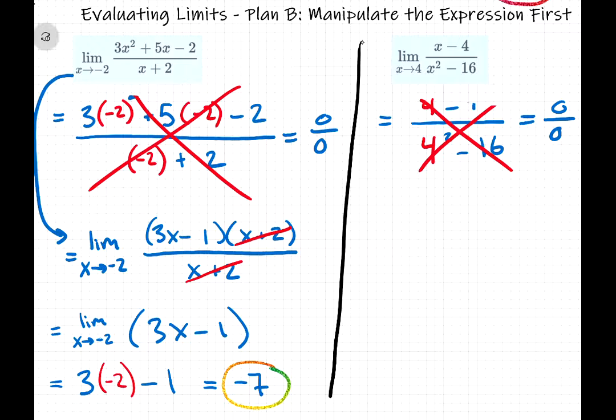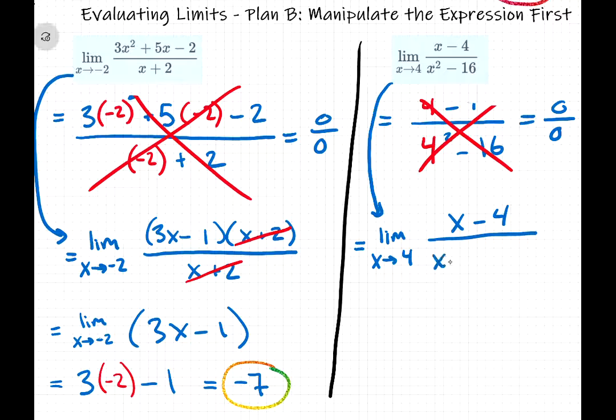Okay, same thing on the right. Same approach. Looks like we could factor. So let's come down here. So this is equal to the limit as x approaches 4 of x minus 4 on top. And on the bottom we have a difference of squares. So that will factor to x plus 4 times x minus 4. Okay, the x minus 4's cancel. So we're left with the limit as x approaches 4.